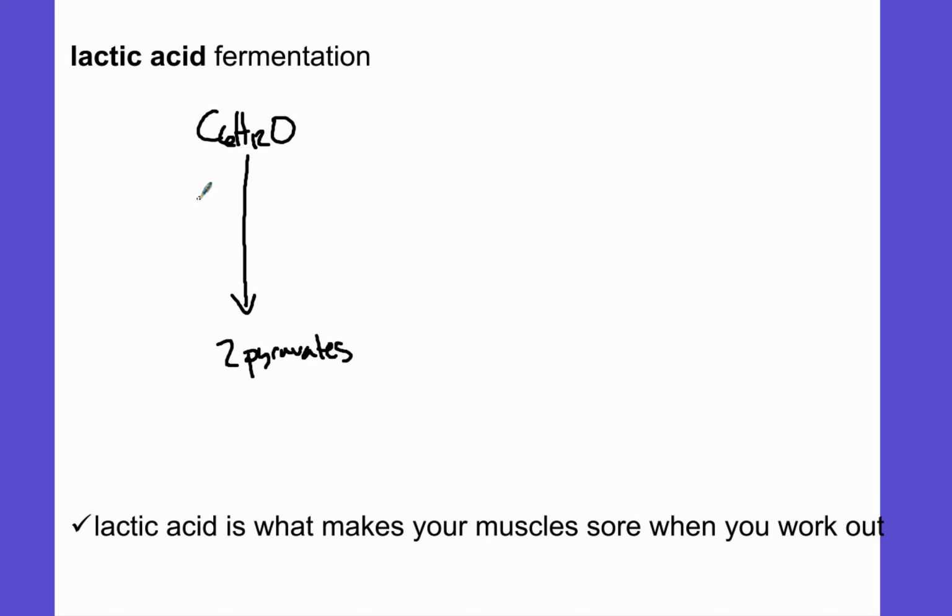And in the process, you get to capture some energy. You get 2 net ATP out of that, which is great because I can use that energy in my cells, right?